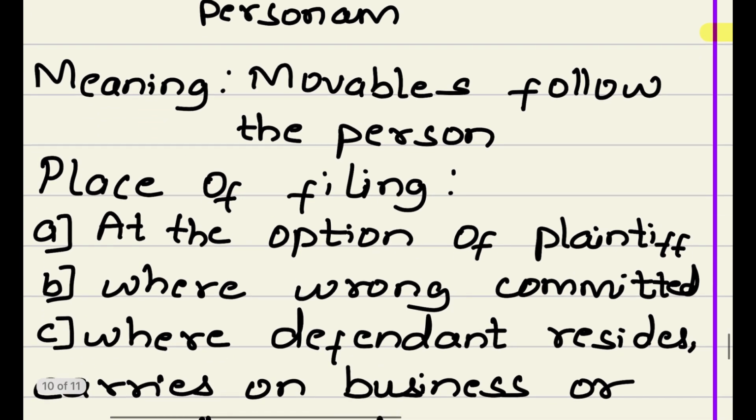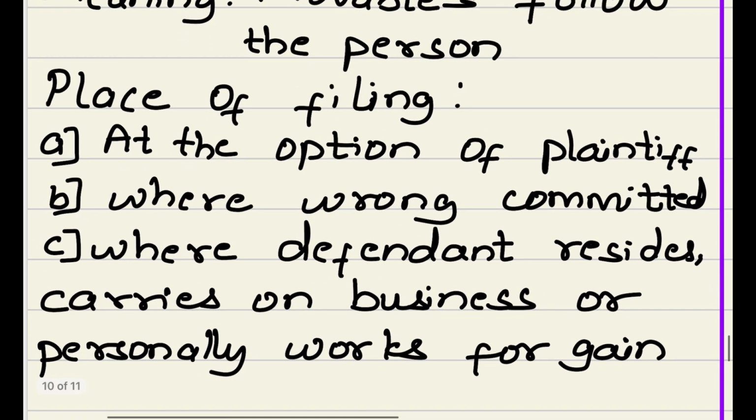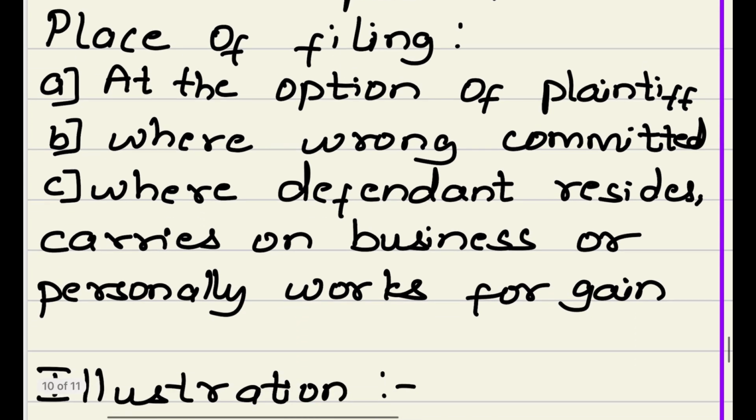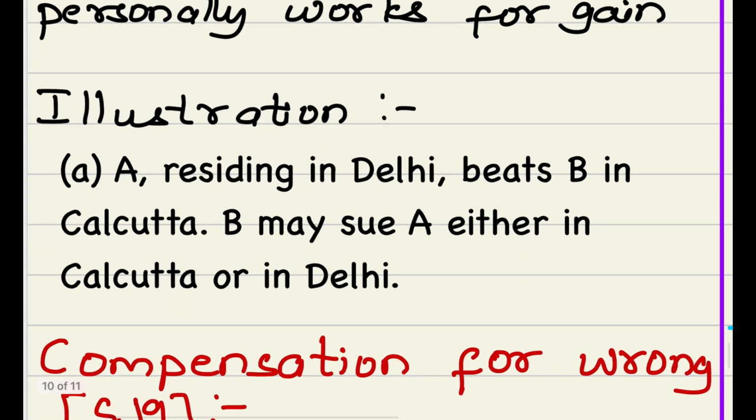So the place of filing for movable property is at the option of the plaintiff. The plaintiff can file where a wrong was committed, that is, where the wrong has been committed to him, or where a defendant resides, carries on business, or personally works for gain. So at the defendant's location where he resides or carries out his business or personally works for gain. There is an illustration. A residing in Delhi beats B in Calcutta. B may sue A either in Calcutta or in Delhi.